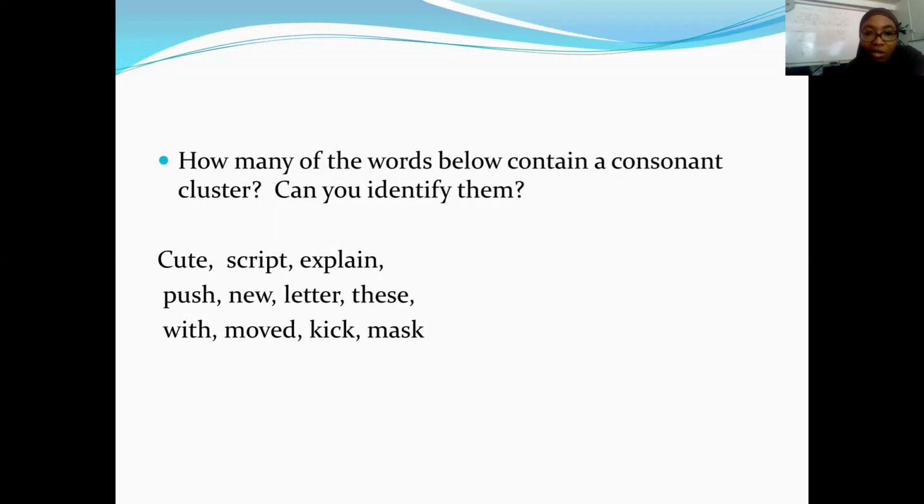Can you identify the consonant cluster in those words? You're not to write anything, please. The focus should be on my explanation, and if you have any answer or any question, just type in your questions. Do not write. We're going to take some exercises, and we're going to have some explanation on what we're doing. Don't distract yourself by writing.